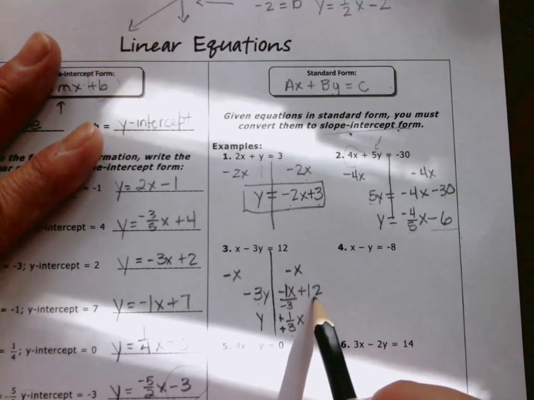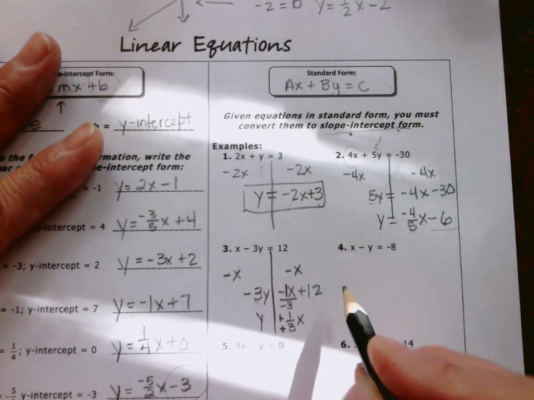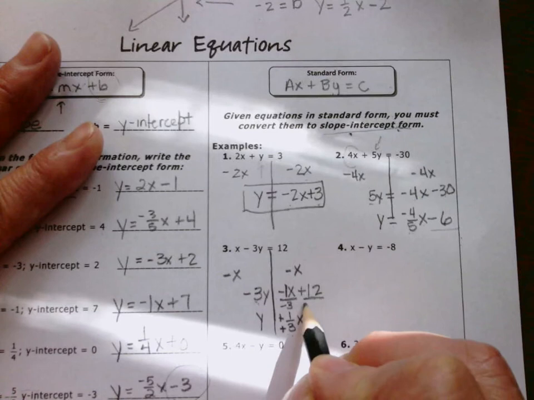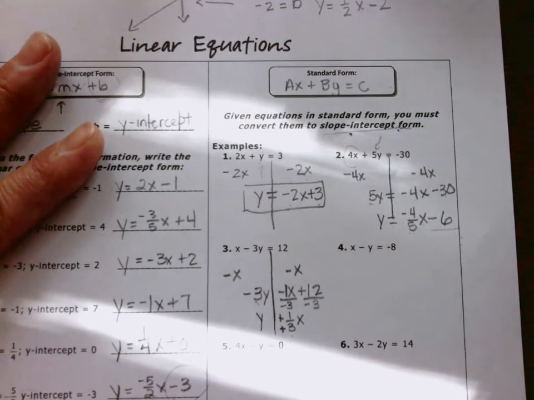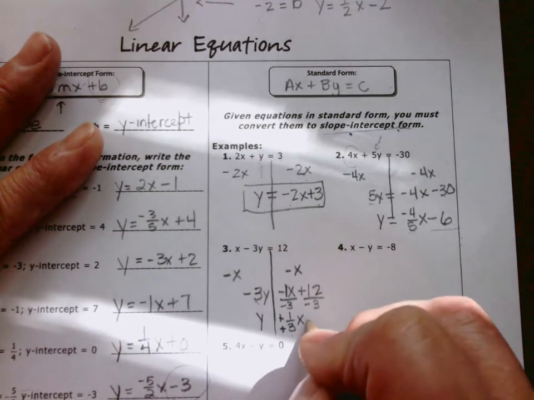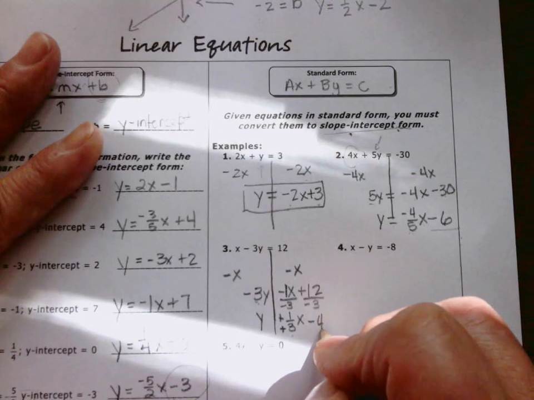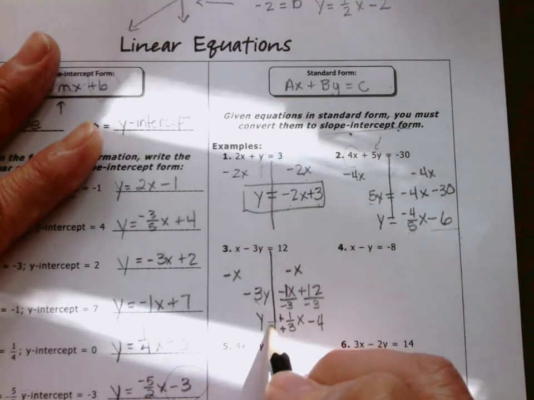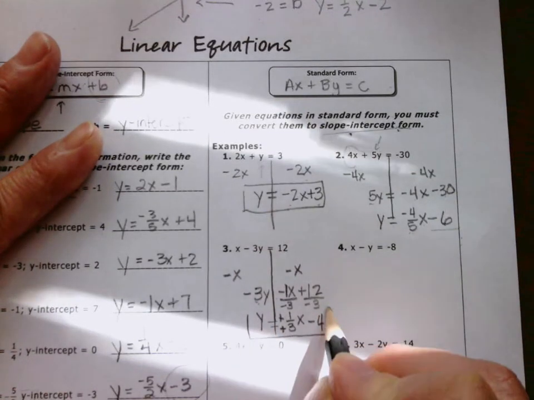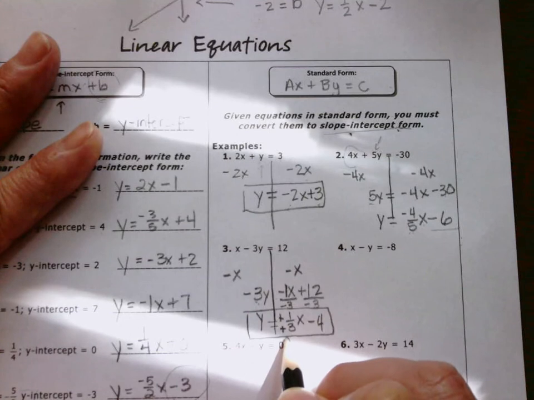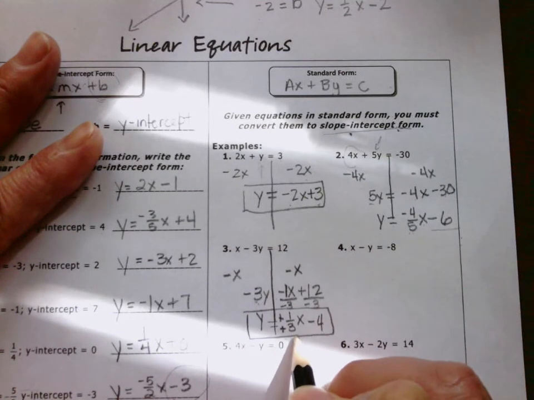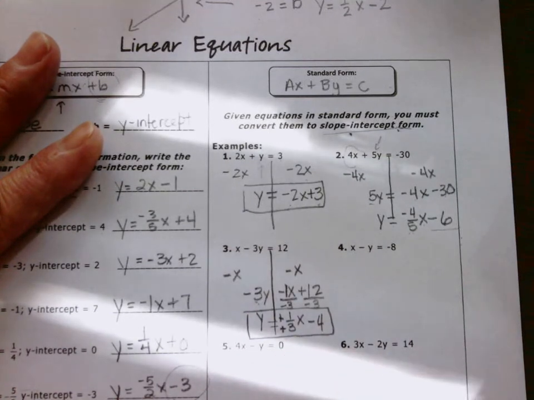And now I'm dividing 12 by negative 3, because I have to divide the whole right side by negative 3, and that gives me negative 4. So my equation in slope-intercept form here is y is equal to positive 1/3 x minus 4.